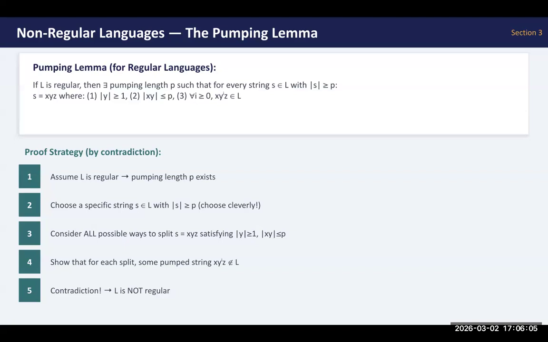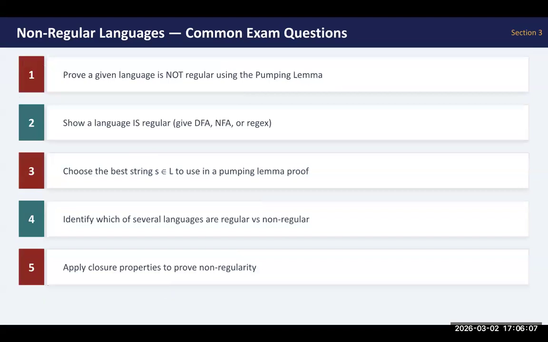So some of the common exam questions would be: prove a given language is not regular using the pumping lemma. Show a language is regular by giving a DFA, NFA, or a regular expression. Choose the best string S in L to use in a pumping lemma proof. So you'd be given a language, you wouldn't have to go through the entire proof, but this would maybe come as an MCQ or something.